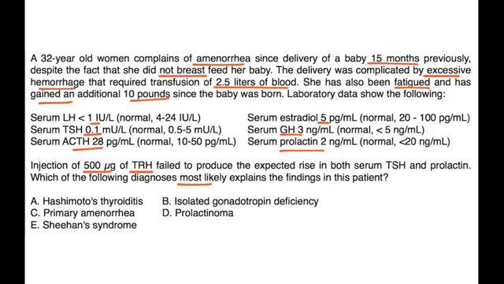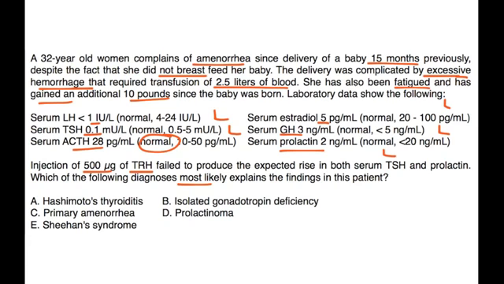So let's take a look at her hormones. LH is low, estradiol is low, TSH is low, growth hormone is low, ACTH is normal, and prolactin is low. So most of the anterior pituitary hormones are low, combined with the fact that she had excessive blood loss during her delivery, points to the direction of Sheehan syndrome.